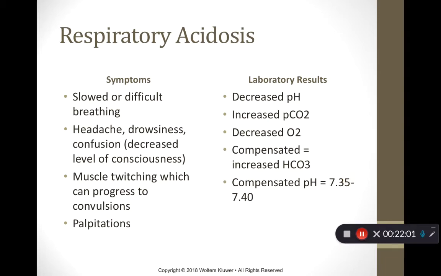So, respiratory acidosis causes slow to difficult breathing, headache, drowsiness, confusion, decreased levels of consciousness, muscle twitching, which can also lead to convulsions, palpitations. In the lab results for respiratory acidosis, you'll see a decreased pH, because of acidosis, an increased PCO2 because remember we don't have the ability to release the CO2.